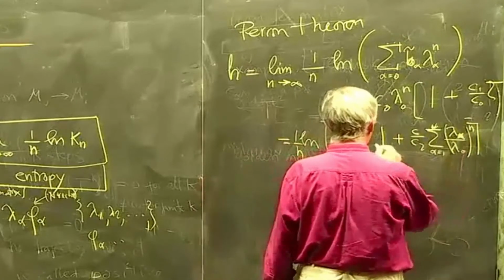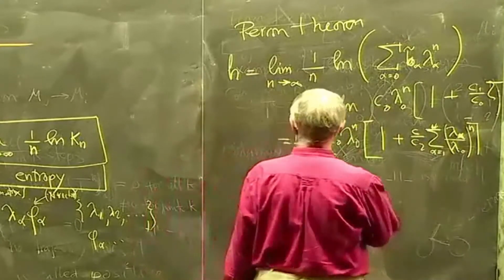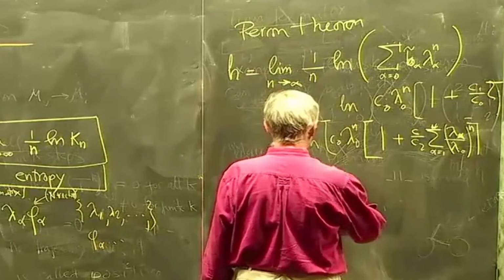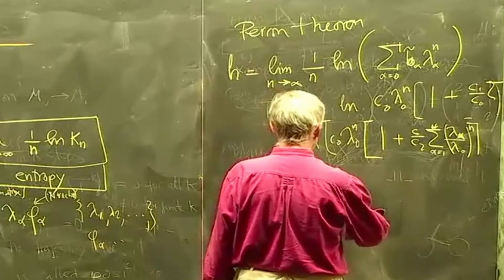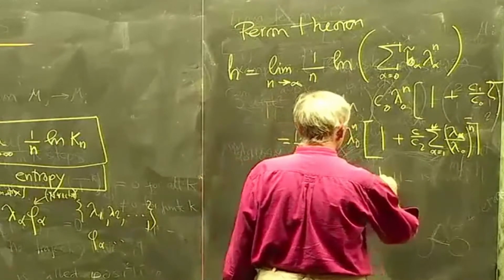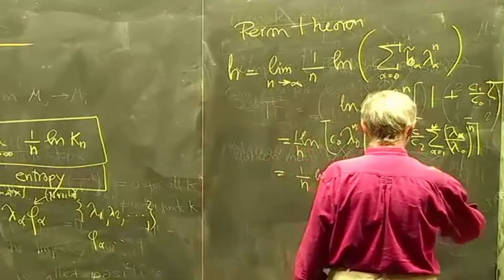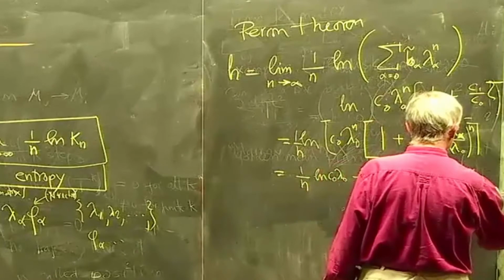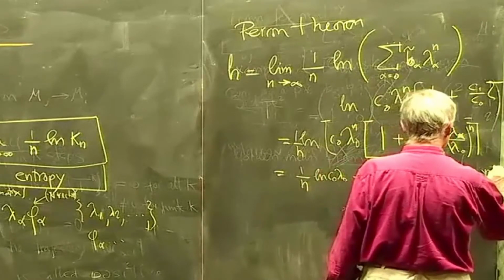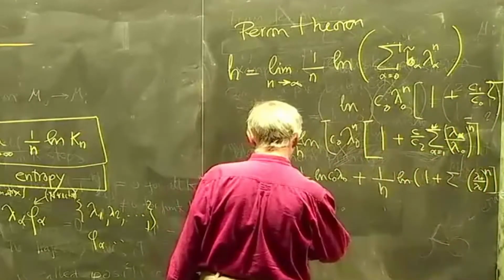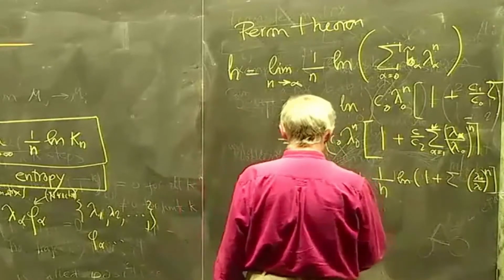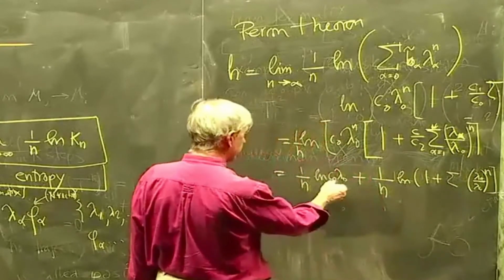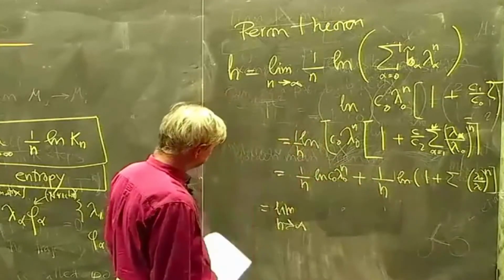A logarithm, we can write this as 1 over n logarithm of C0 lambda 0 to the n, plus 1 over n logarithm of 1 plus this sum of things that are exponentially small compared to 1 as we go to large n. And in the limit as n goes to infinity, the logarithm of a constant divided by n will go to 0.